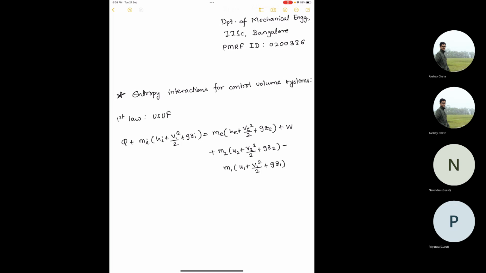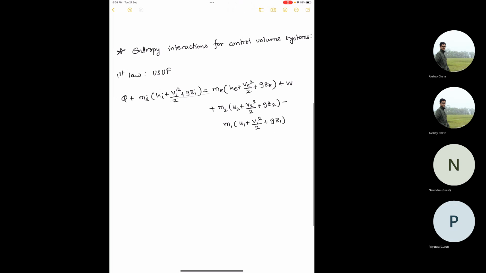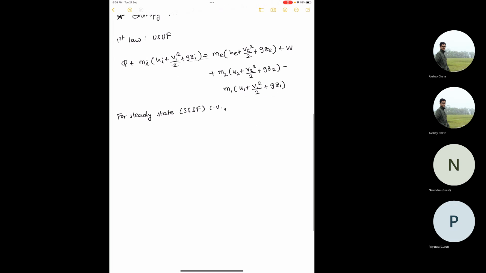If you apply it for steady state, steady flow control volume, then this M2 and M1 term will go. Essentially, it will be in terms of time. In the first equation, you do the time integral, so you get the values in joules. Here it will be in watts.